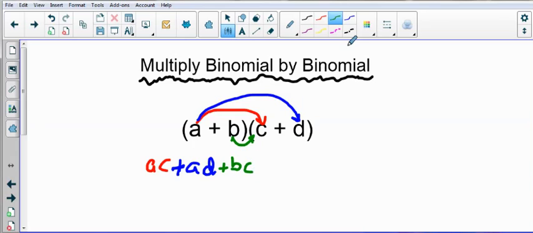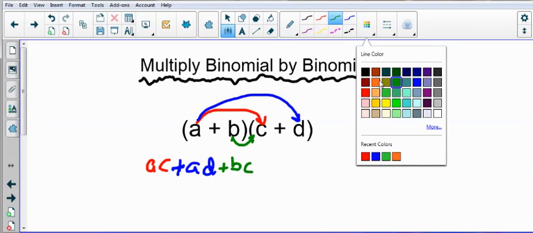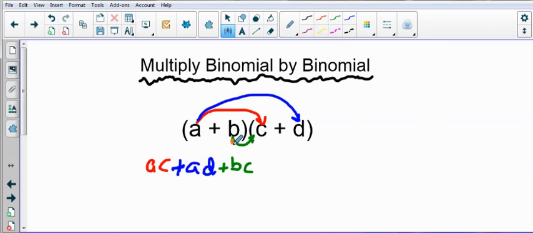And then finally, I'm going to take positive b times positive d, which gives me positive bd. Okay, so that's how you do it. It's just repeated distributive property over and over again. I take a times everything, then b times everything. And if there was another letter, I'd take it times everything. So you kind of get the idea.